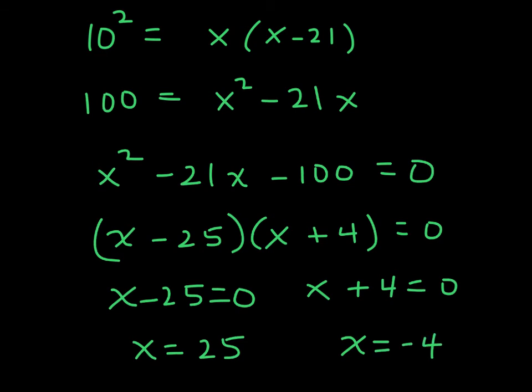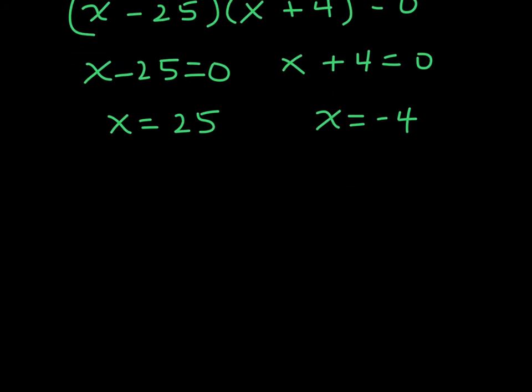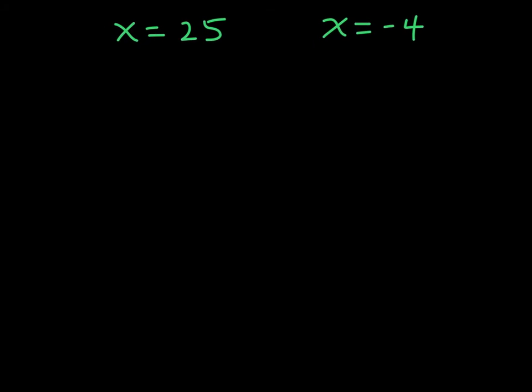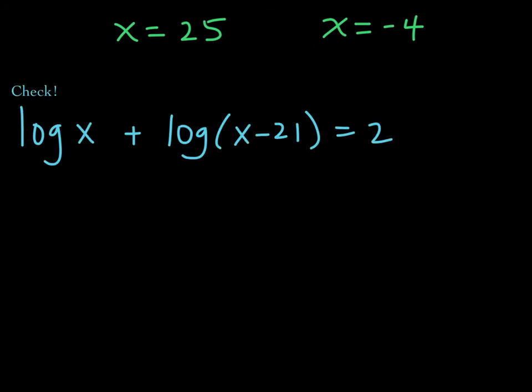Now, I said earlier that it is crucial that you check your solutions. These are proposed solutions in the original equation. I can see right now that when I plug in -4 for x, I get log of -4. Go ahead and stop right there. There's not even a need to go any further. The argument cannot be negative.